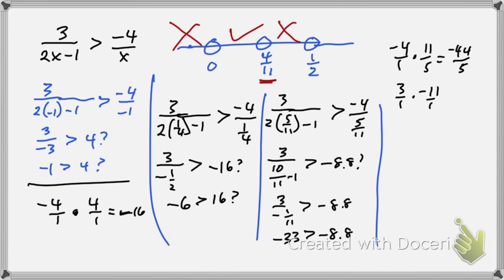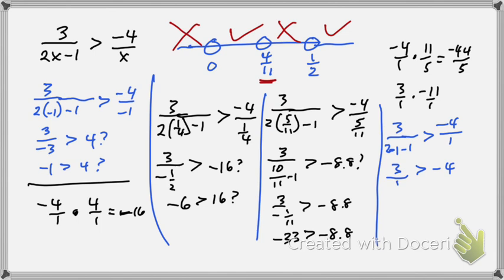All right, so we got 3 divided by 2 times 1 minus 1. That's a times there. Is that greater than? I was just hopeful. 1. So I've got 3. 2 take away 1 is 1. Is that greater than negative 4? Yeah. Okay.